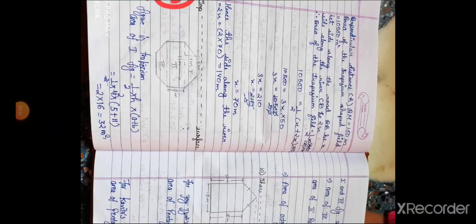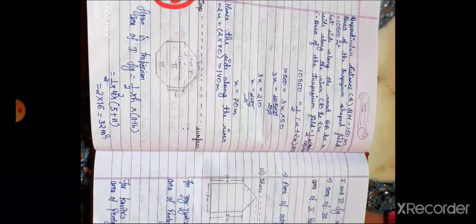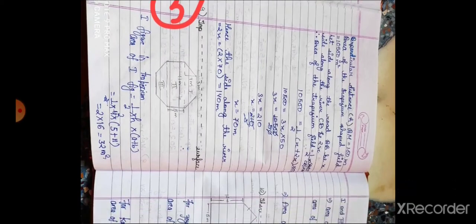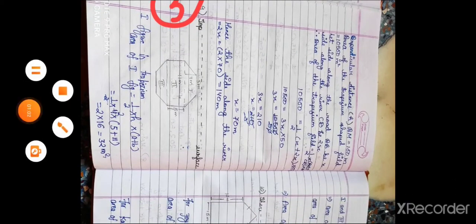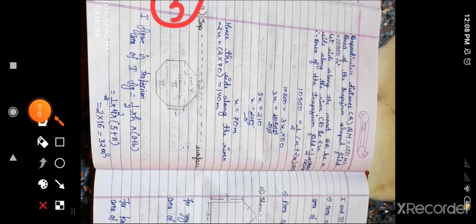So we can substitute all the values from the question and after calculation we have the value of x, which is 70 meter. But it is asked in the question what is the side along the river. For this we have to multiply x by 2. So we have 140 meter.